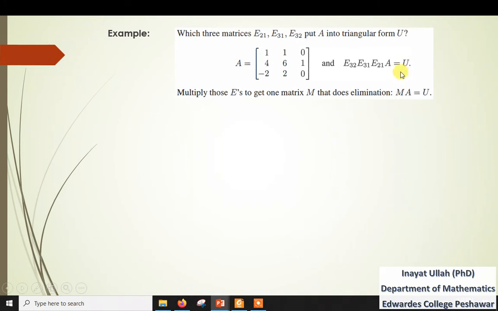And now the second part is to multiply all those E's to get one matrix M. We need to multiply all these three matrices in this order to get a single matrix M, and then multiply this M with A to get an upper triangular matrix in one step. So let us start.